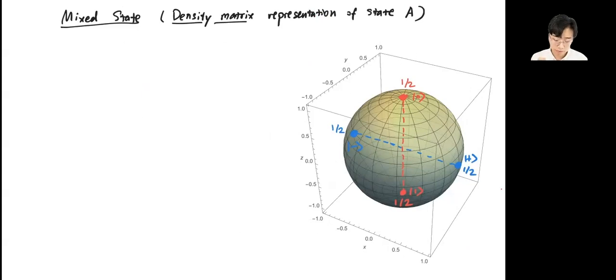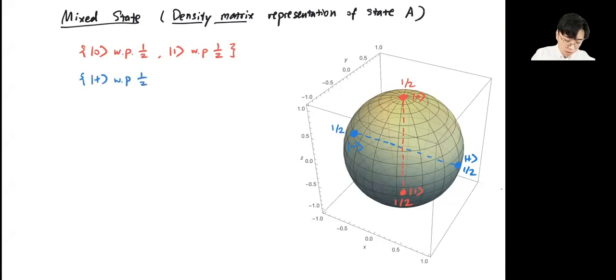quantum state. Now I have drawn the two statistical mixtures of quantum states on the Bloch sphere. They correspond to the two scenarios, namely the state 0 with probability 1/2, state 1 with probability also 1/2, and also the plus state with probability 1/2, or minus state with probability 1/2. Now we have a better way to represent the statistical mixtures of the two scenarios, called the density matrix.